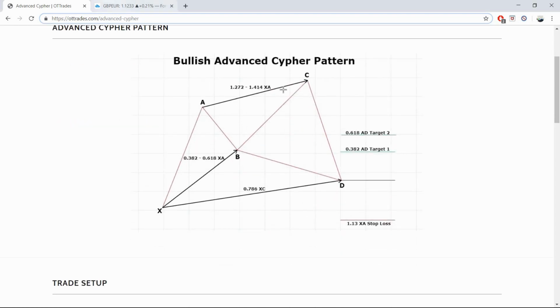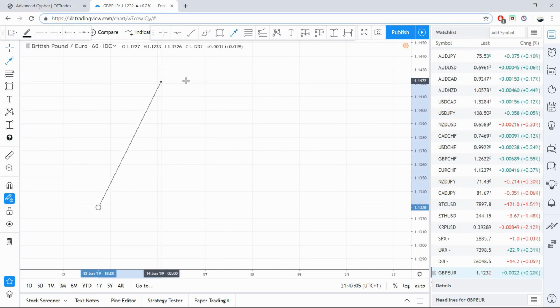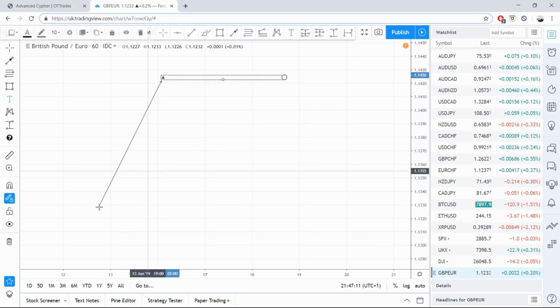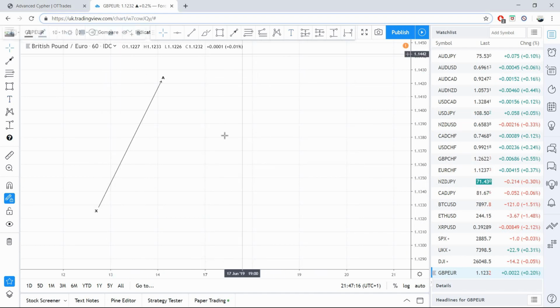So obviously, like all the other patterns, we're going to start off the initial price swing from the X to A leg. This is not based on any Fibonacci levels whatsoever. It is just an initial price swing in the market, and this can be up or down.